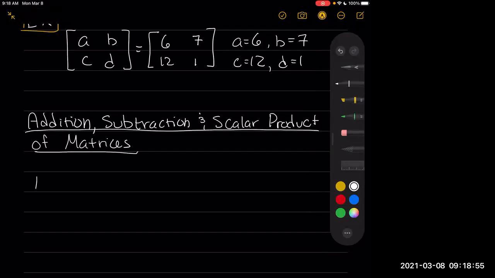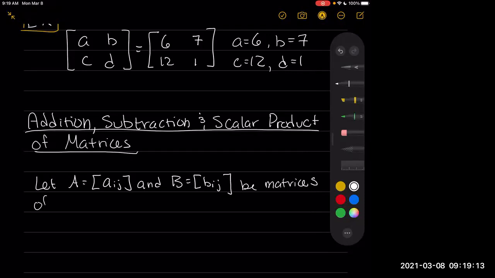So if we let A equal the matrix with entries Aij and B with the entries Bij, be matrices of the same dimension m by n, which remember is m rows and n columns. And we're going to let C be a real number.